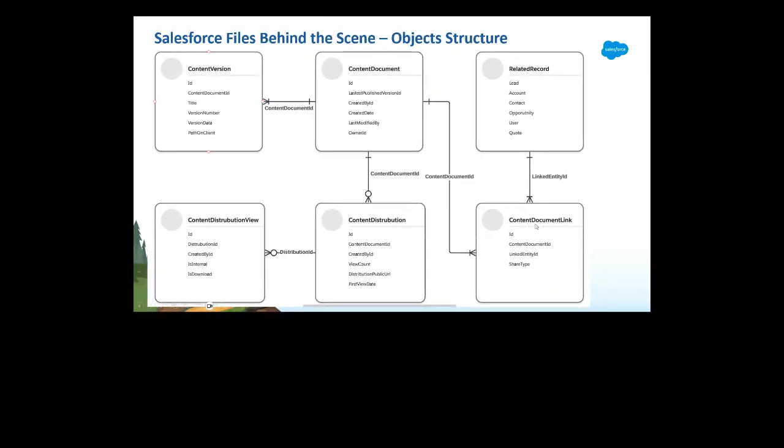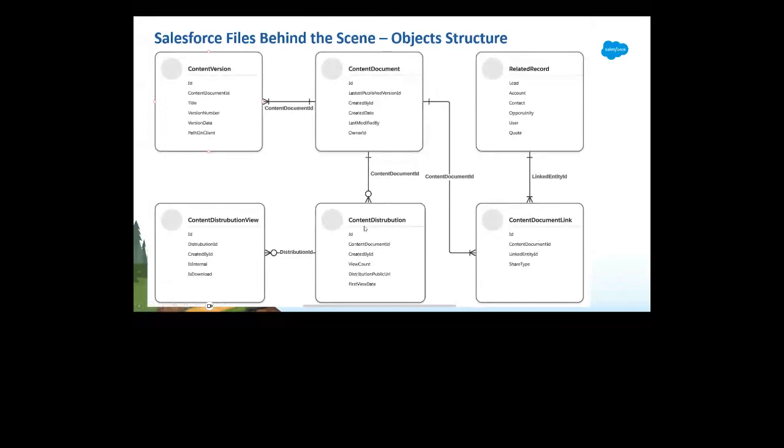This object, content document link, is a junction object between any standard or custom object, related record, I put as a related record, and content document. So that is a junction where it holds the parent record or user ID as linked entity ID here, and content document ID, the parent file ID, to create the content document link.